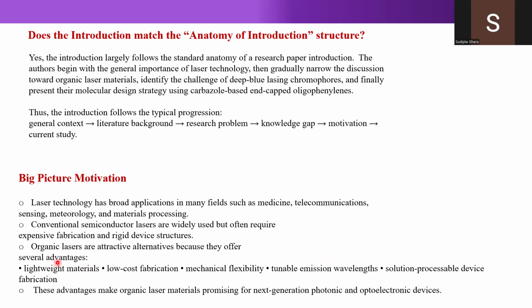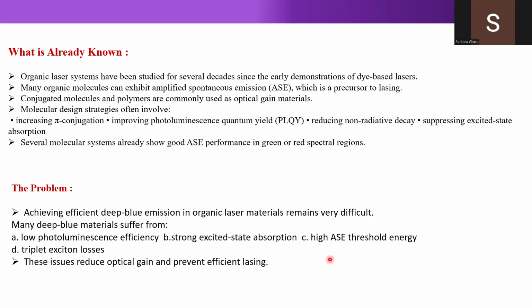And again, organic lasers are attractive as an alternative lightweight material as they are very flexible, with low cost fabrication and tunable properties, which is most important for enhancing the photophysical properties. This can be done in organic materials only, because we can tune different types of donor groups in the fluorescent molecule, so that we can achieve the best photophysical properties.